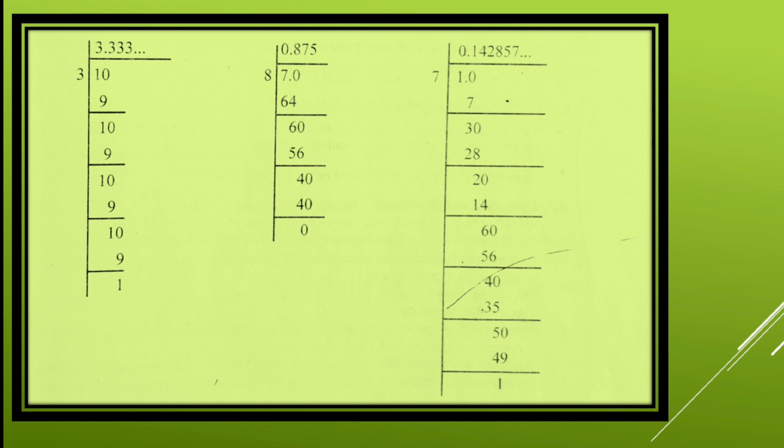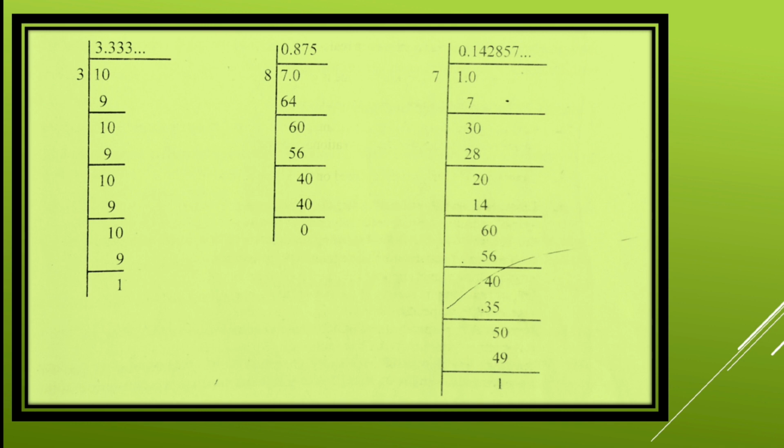In the third question also, 1 divided by 7. When you have divided, 7 1s are 7, then 3 remainder, 7 4s are 28, 2 remainder, 7 2s are 14, then 6 remainder, 7 8s are 56, 4 remainder, 7 5s are 35, 5 remainder, 7 7s are 49.